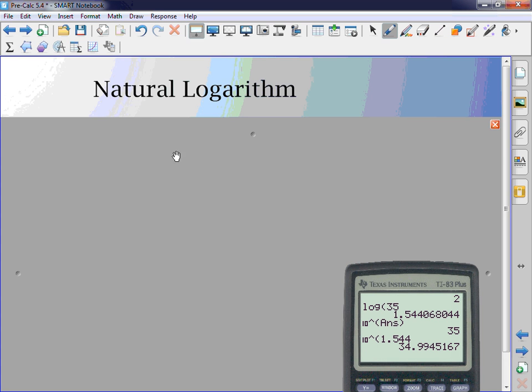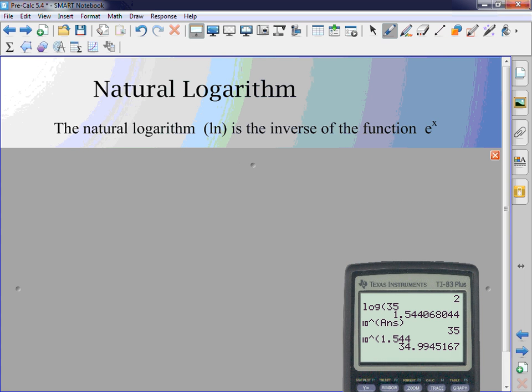The natural logarithm, which is ln. ln is the inverse of the e function.